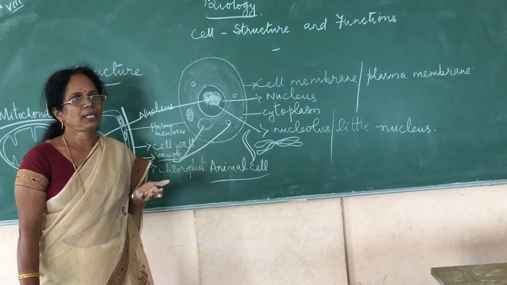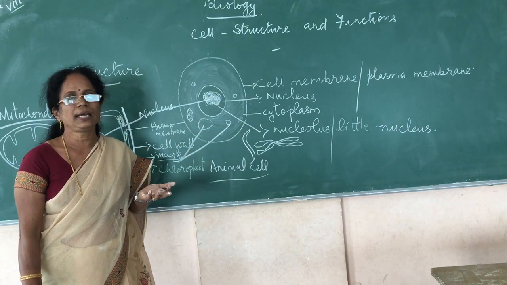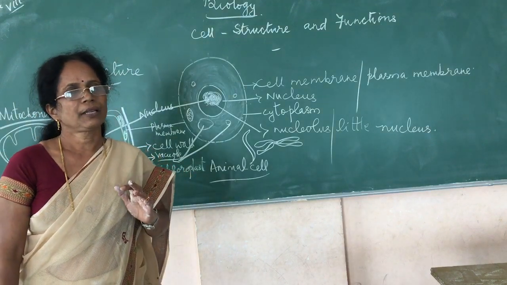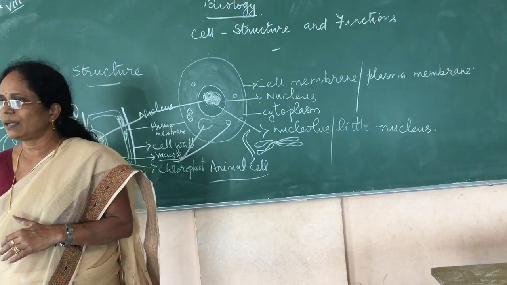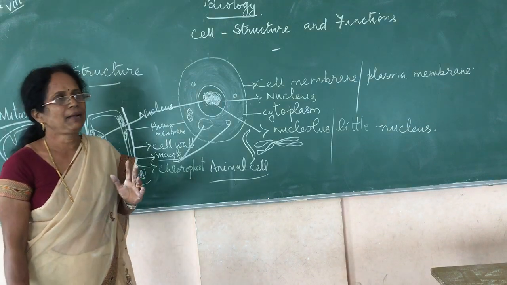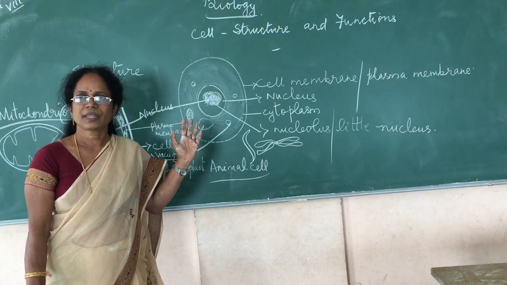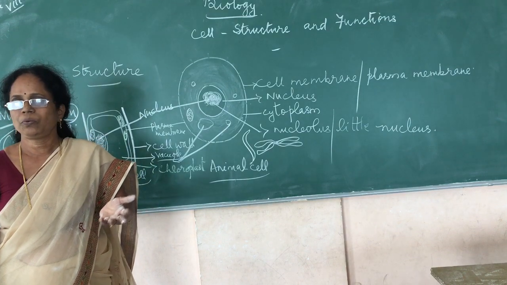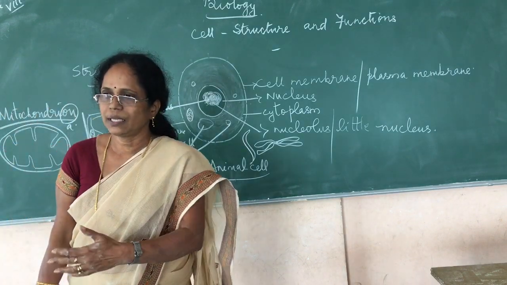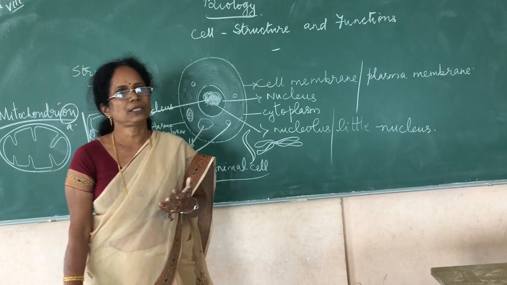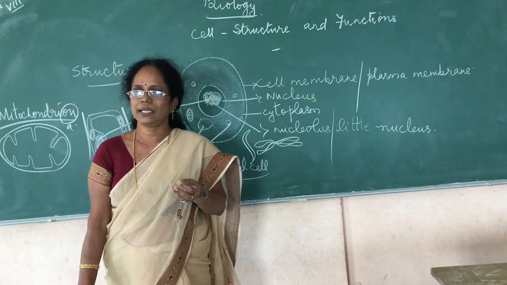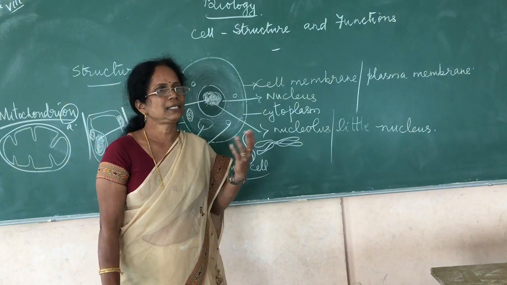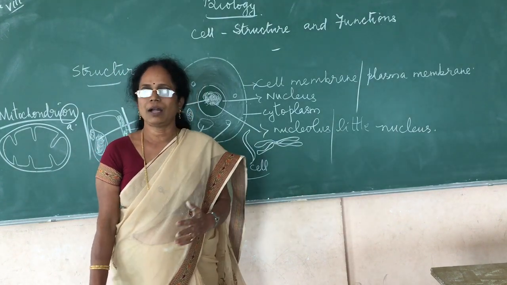Genes, what are genes? Those are the carriers of characters from parents to offspring. If parents have curly hair, the children will have curly hair. You hear discussions in your houses: he is just like his father, or his grandpa, aunt, uncle.